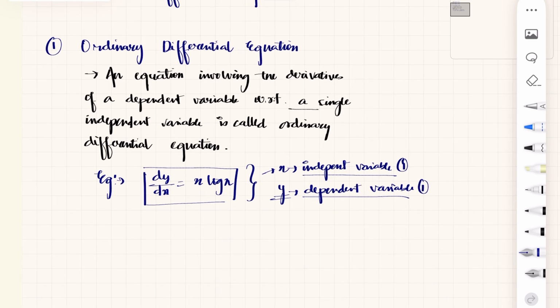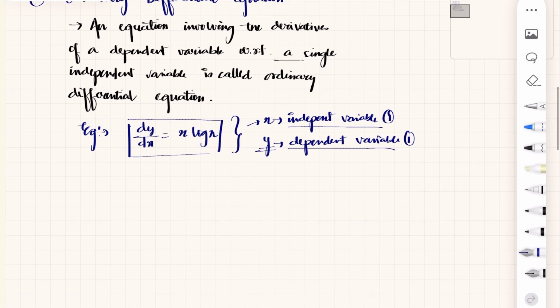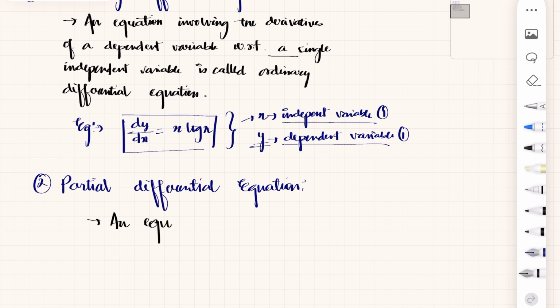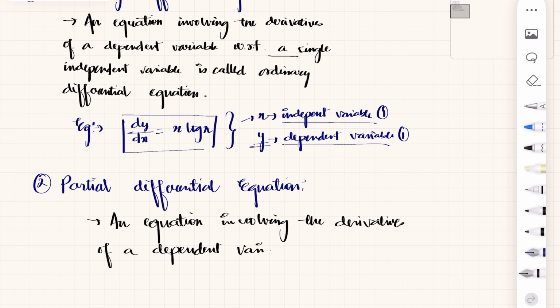So this kind of differential equation is called an ordinary differential equation, right? And the second thing, what about the second type? That is partial differential equations. So here it is an equation involving the derivative of a dependent variable with respect to what?